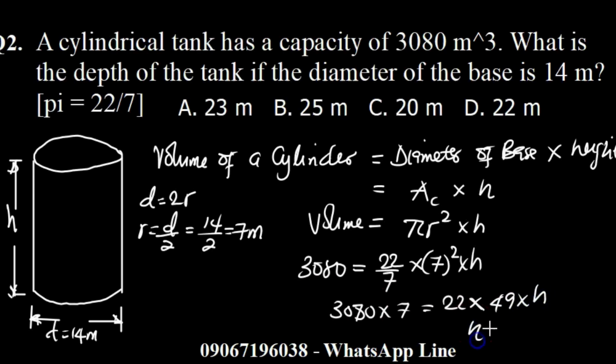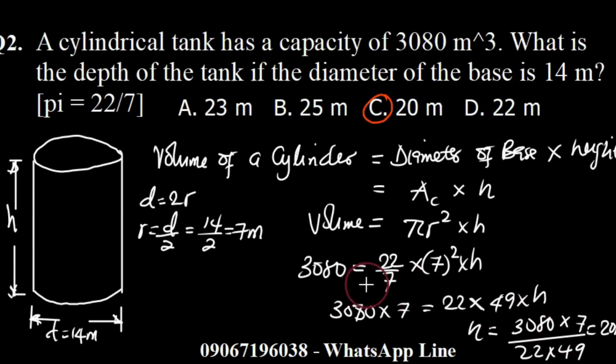So the height is going to be 3080 times 7 divided by 22 times 49, and if we multiply this and divide with this, we're going to get the final answer to be 20 meters. So our answer is going to be option number C. You divide that by that, you get the answer to be 20 meters.